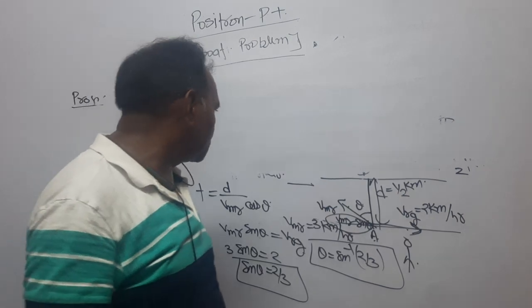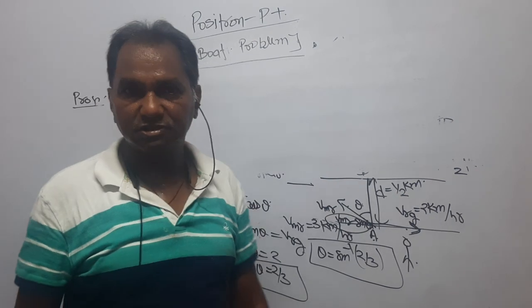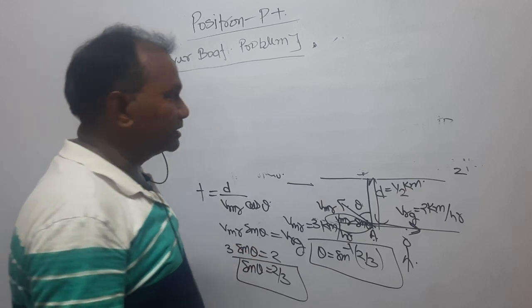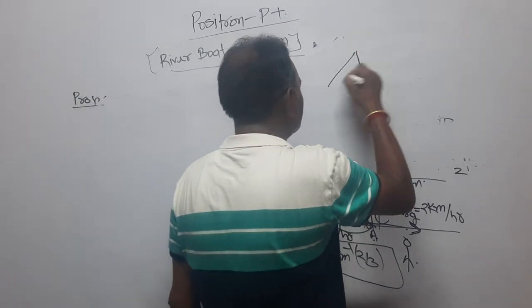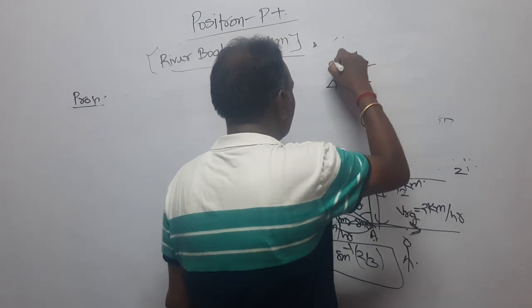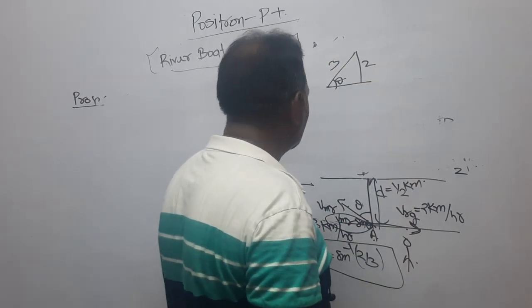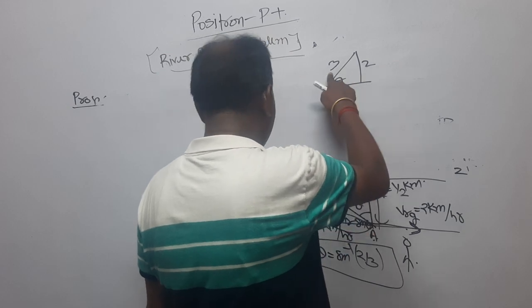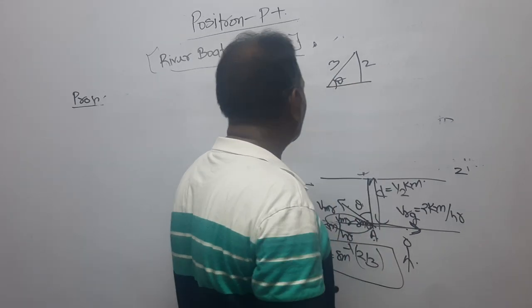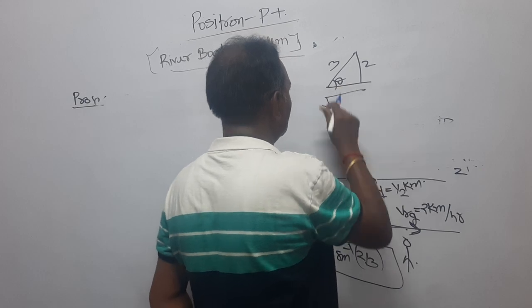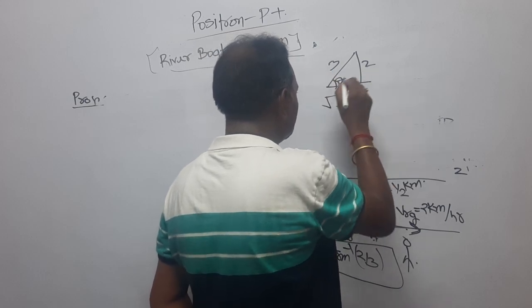Time t is equal to d upon VMR cos theta, right? If sine theta is given, and this is theta, then sine theta is perpendicular upon hypotenuse. So what is this perpendicular upon hypotenuse? That is 2 by 3, and so the base will be under root 9 minus 4, which is root 5.